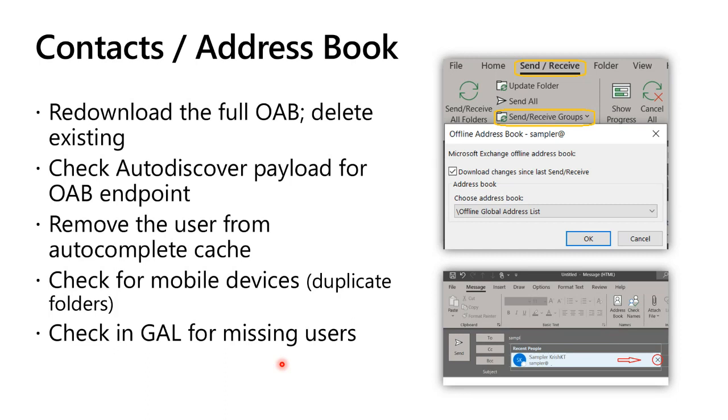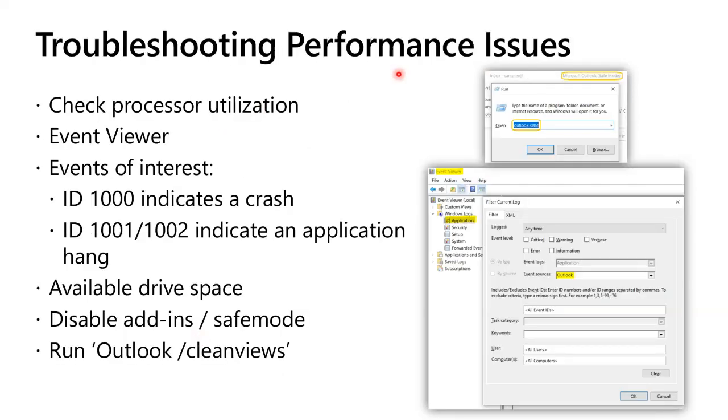So moving on to the next slide, troubleshooting performance issues. When it comes to any performance issues, CPU utilization should be the first check to be done. Now there can be various reasons that can slow down Outlook.